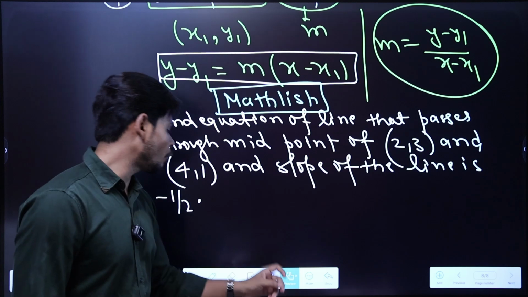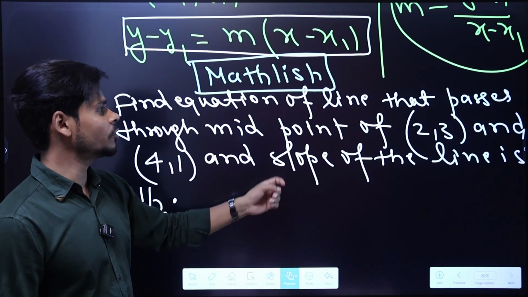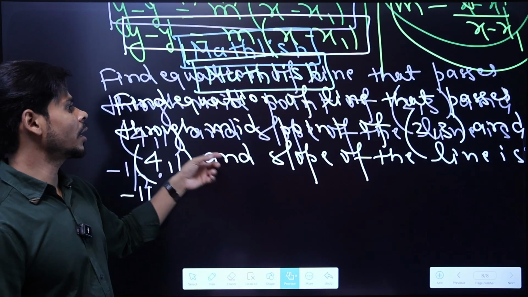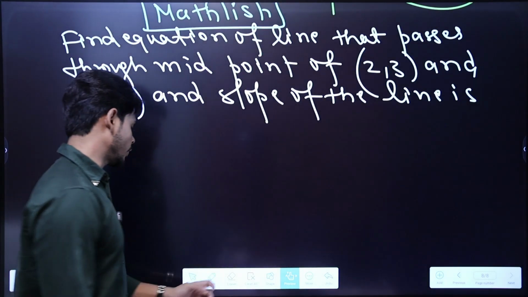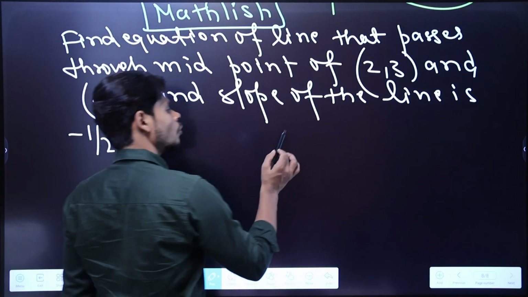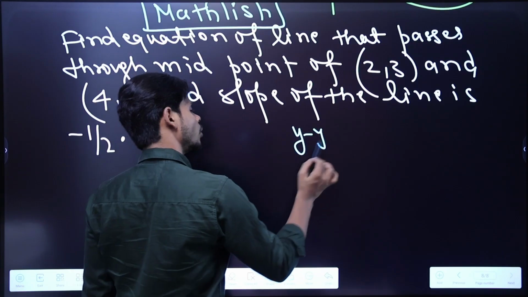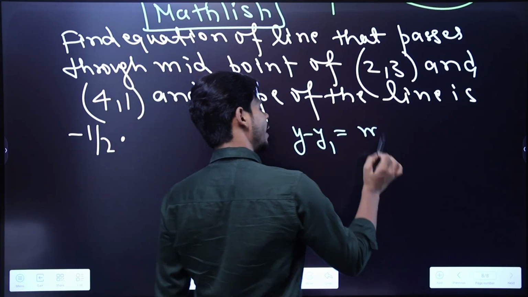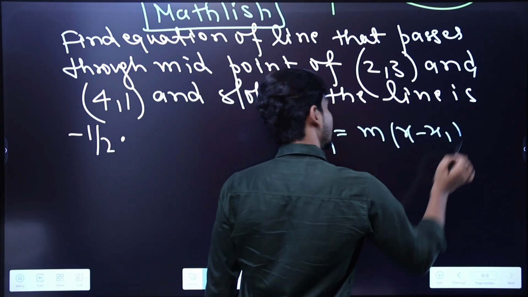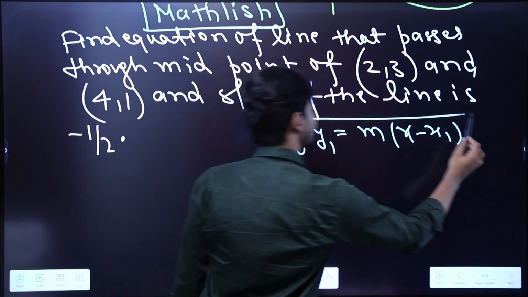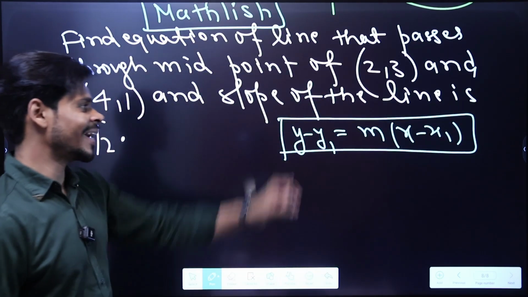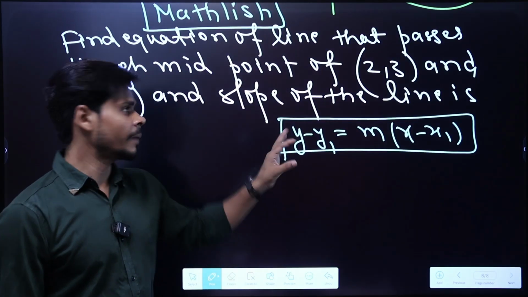That's an important thing to understand, and only then you can apply the formula to find the equation of the line. So first of all you need to write the formula y minus y1 equals m times x minus x1. Later, because you will be given a mixed question, you will not understand directly which formula is to be applied over here.